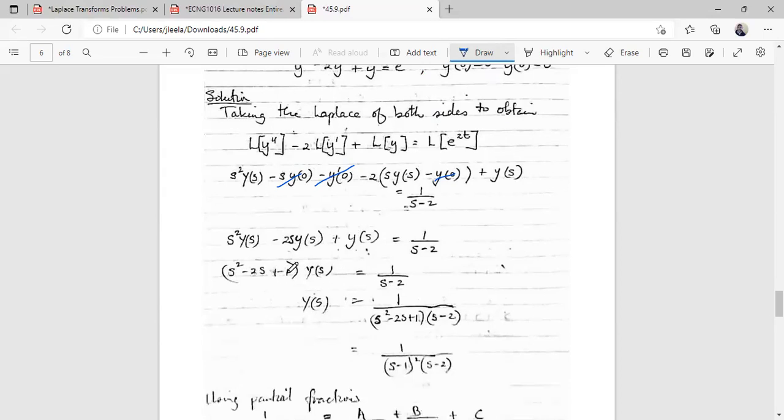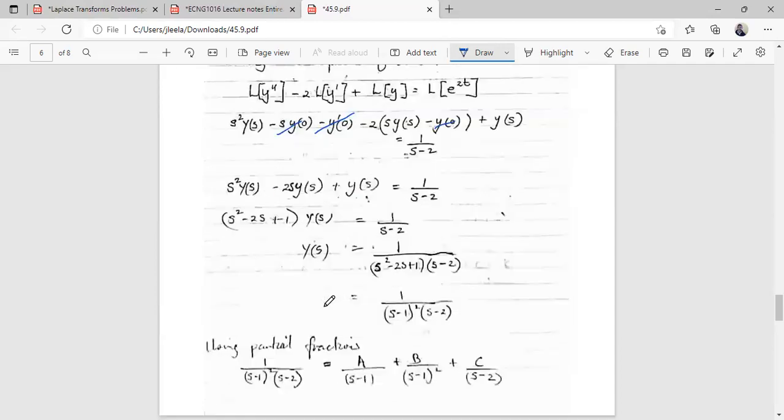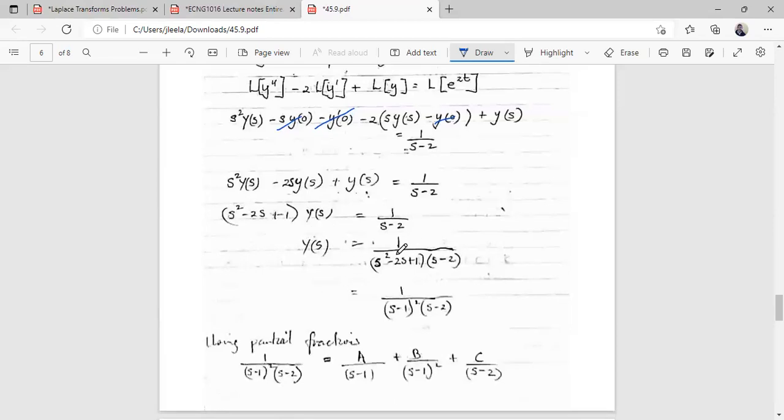And then you factor the s squared minus 2s plus 1 out of Y(s), which is equal to 1 over s minus 2. So Y(s) will be 1 over (s squared minus 2s plus 1) into (s minus 2).